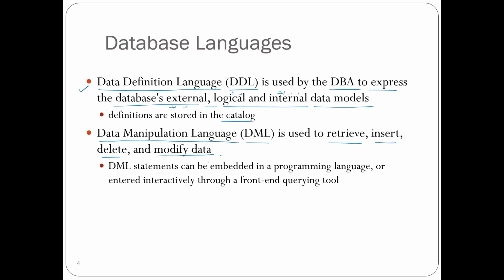Populating the data means inserting the data into different database objects. Once the data is there, you may like to play with the data. You may like to retrieve the data, insert more records into your database, delete some records or modify the data. These are some common operations that the user may perform on the database.